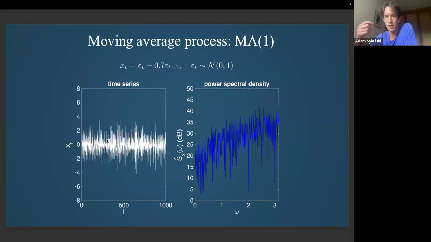We could have something that's kind of anti-persistent, anti-correlated. In this case, for example, a moving average 1 process with a negative MA1 parameter, and we get this kind of up and down high frequency motion, and then the power spectral density is now shifted up in the higher frequencies omega, and we get a blue process in contrast, right?